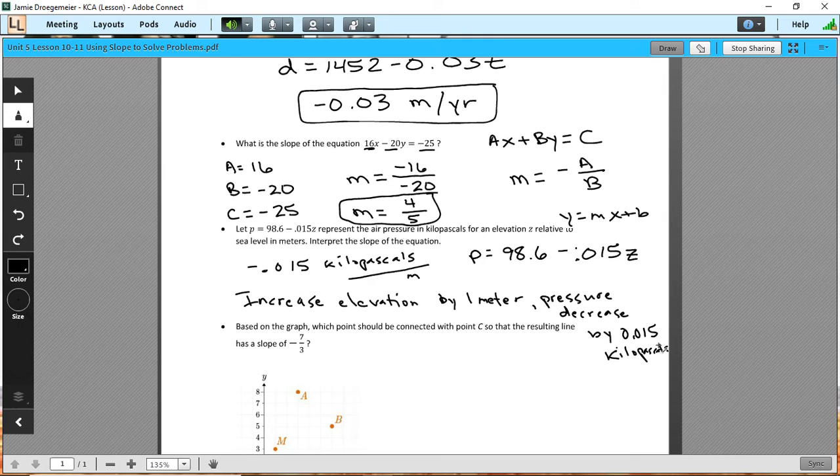So we're decreasing by 0.015 kilopascals per meter, and so that means that every time that elevation increases by 1 meter, that pressure is going to drop by that 0.015.